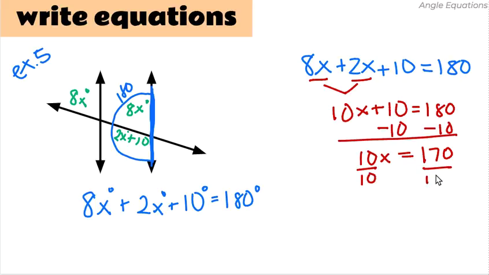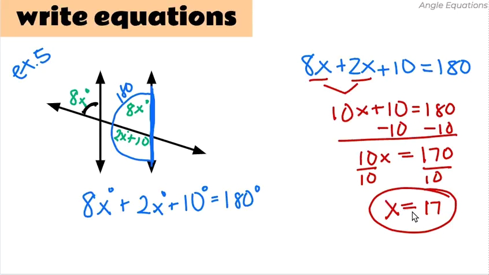Undo multiplying 10. You could either divide each side by 10 or multiply by 1 over 10. Either way, you should get x equals 17. Now, what you may be asked from time to time, and you don't have to copy this down, but just so you're aware, they may actually ask you what the measure of the angle is.